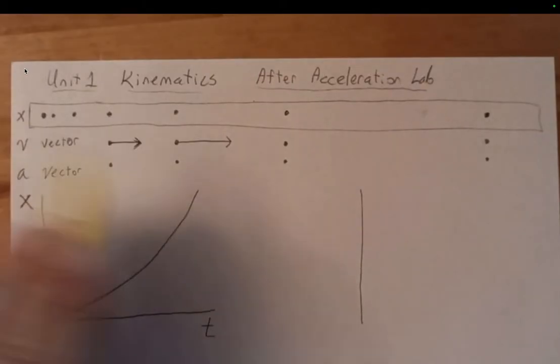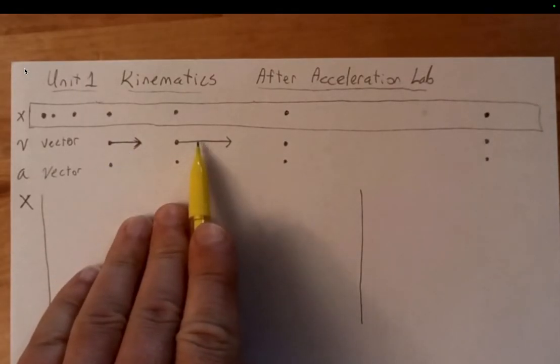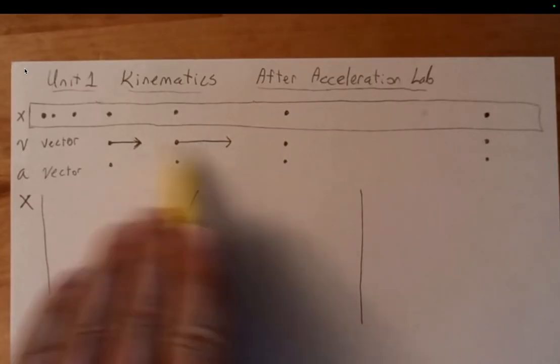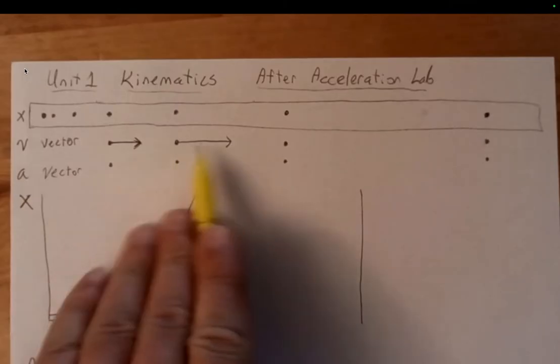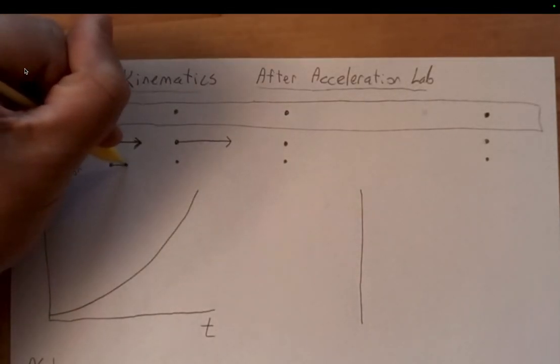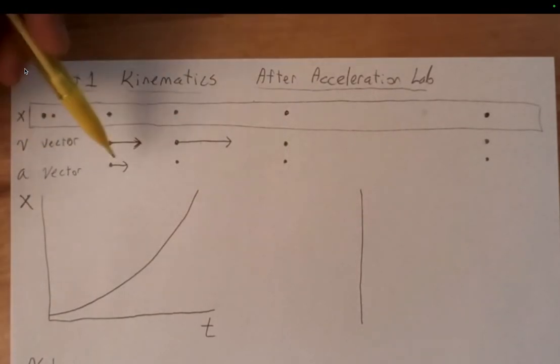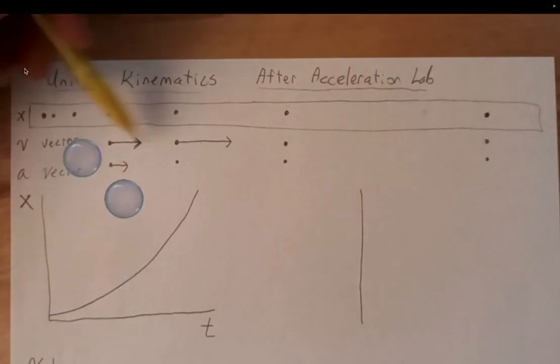And then if I go to this next point, I can draw in a velocity vector halfway about to the second point, and I see that this arrow here has to get bigger in order to reach this arrow. So over this time, the velocity went from this small value to a larger value. And the only way that happens is if I add more arrow to it, meaning that there's this acceleration going to the right. So if I take this arrow, add it on to this one here, I get this one.